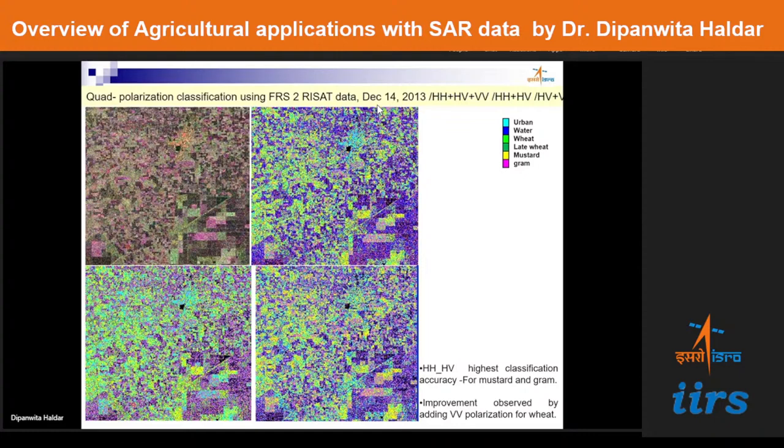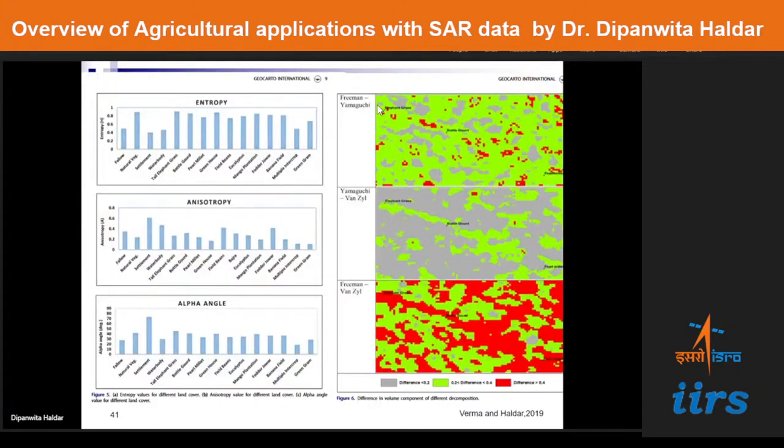You can give a threshold, or you can go for various decompositions and then various parameters. What decompositions we use for full pol data, we'll discuss. You can derive the entropy, eigenvector and eigenvalue related parameters, that is entropy, anisotropy, alpha, and so on. You can see different crops are having different responses.